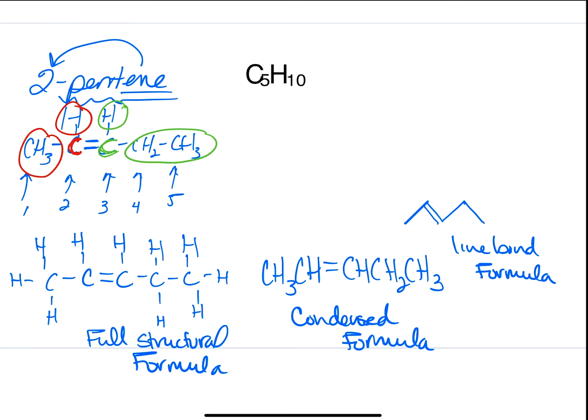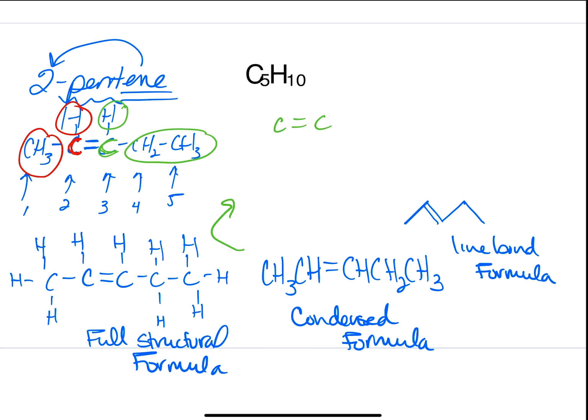So if we wanted to go ahead and differentiate between the two, when we draw the full structural formula or the condensed formula, we can definitely do that. Let me go ahead and do that with the condensed formula because I've got some room up here. So for the cis, I'm going to want to have my big groups on the same side of the double bond.